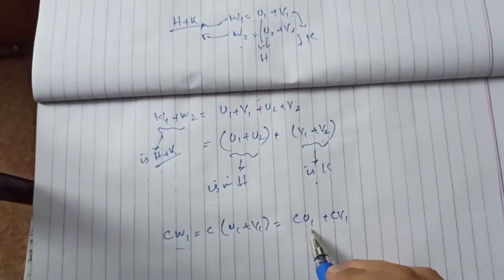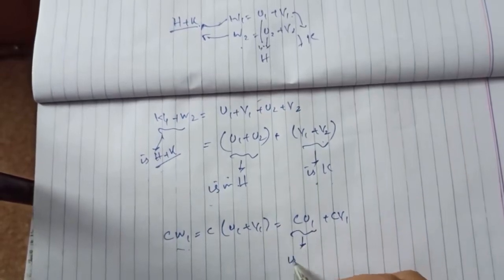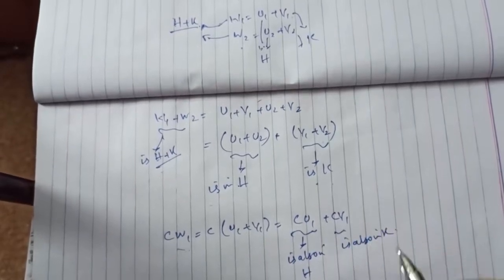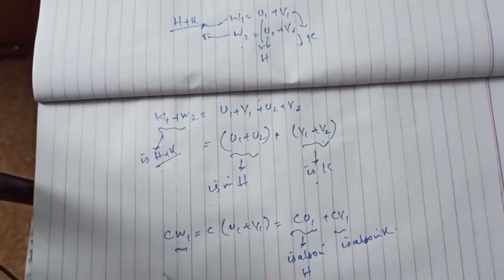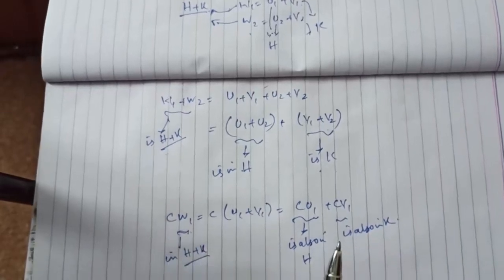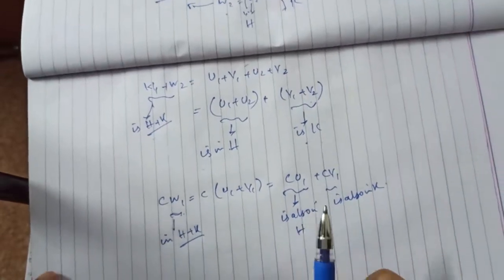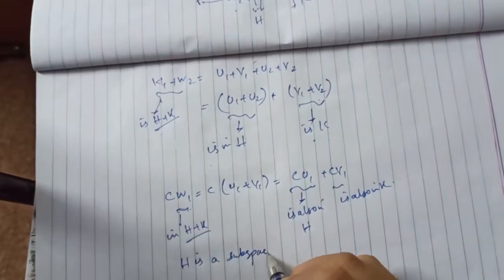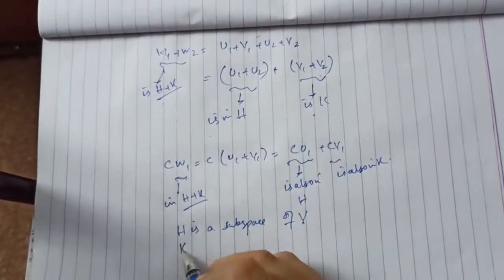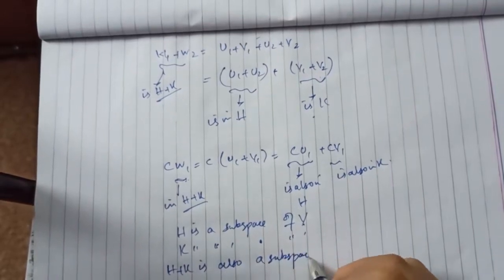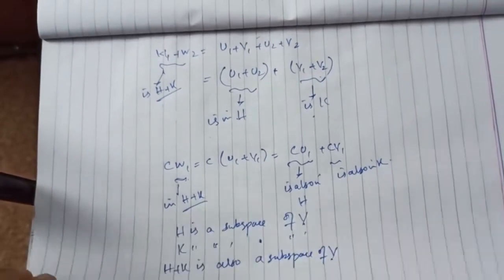U1 is a vector in H, so C times U1 is also in H, and C times V1 is also in K, so this is a vector in H plus K. So this third condition is also satisfied, indicating that if H is a subspace of V and K is a subspace of V, H plus K is also a subspace of V.